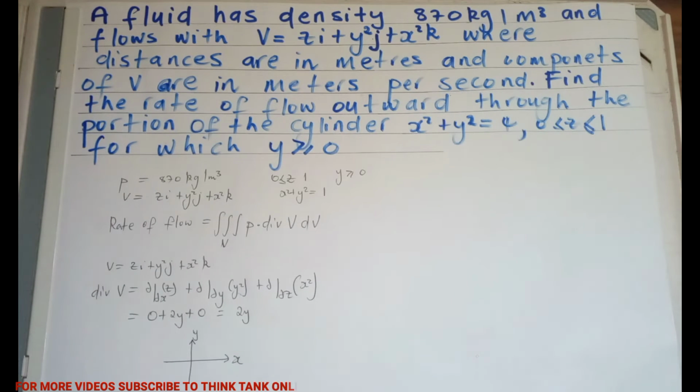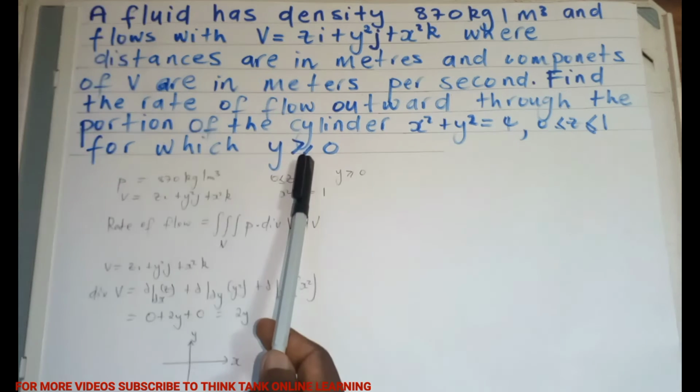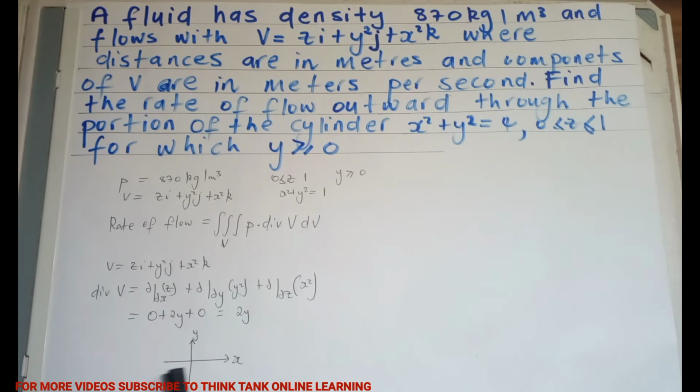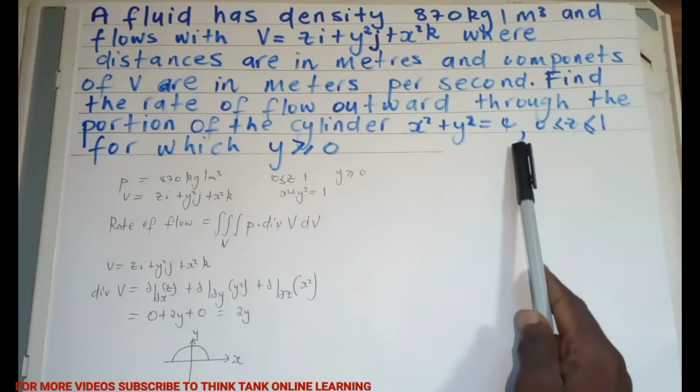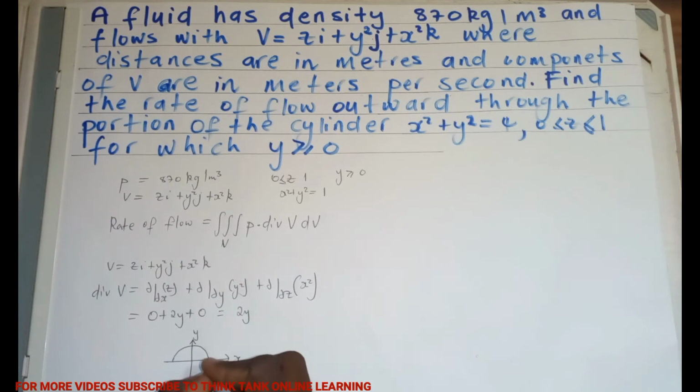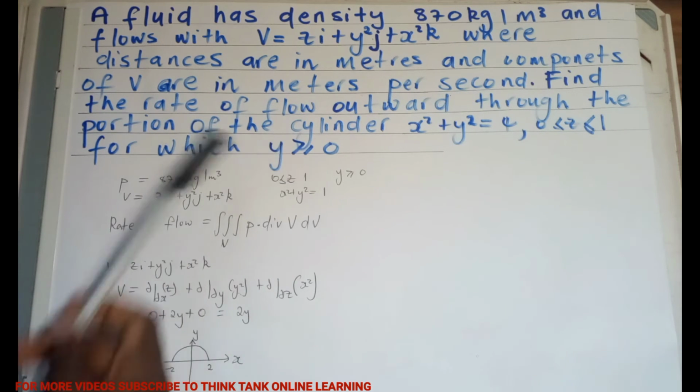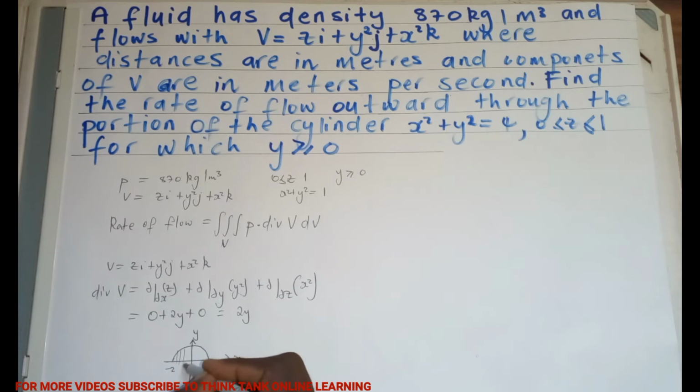But before I draw the circle, we have a condition: y is greater than 0, so my y is above the x-axis. This is what it looks like. The circle has a radius of 2, so 2 and -2. I don't need to draw a full circle because y is greater than 0. So this is my region.